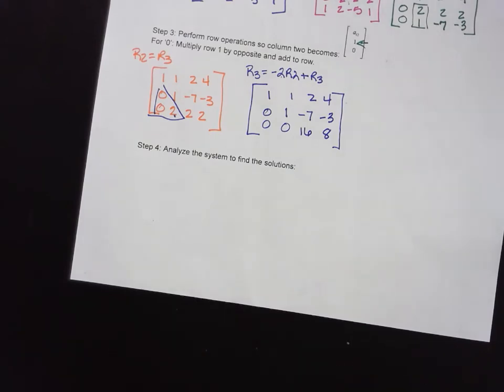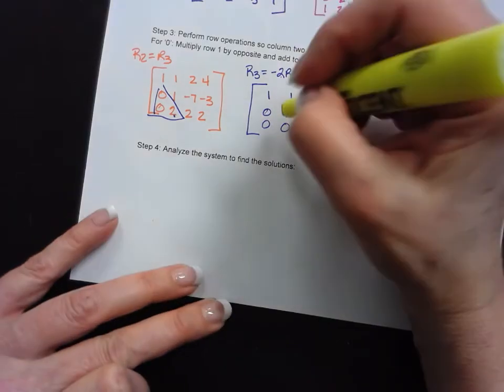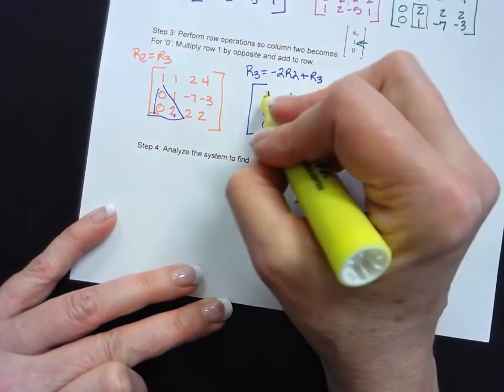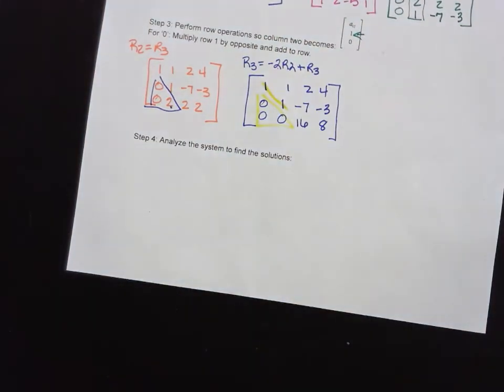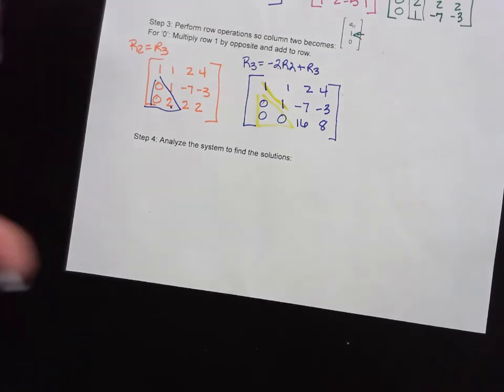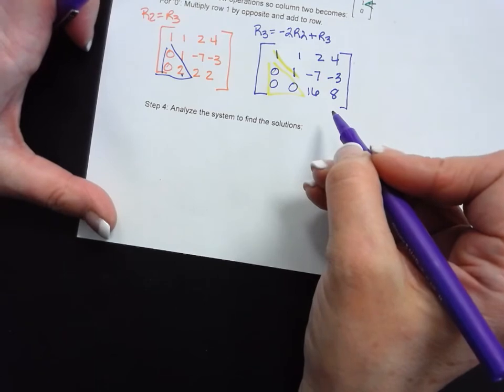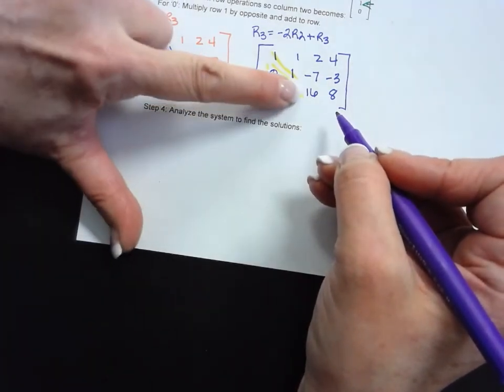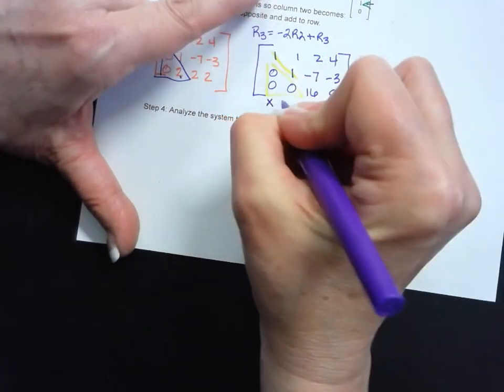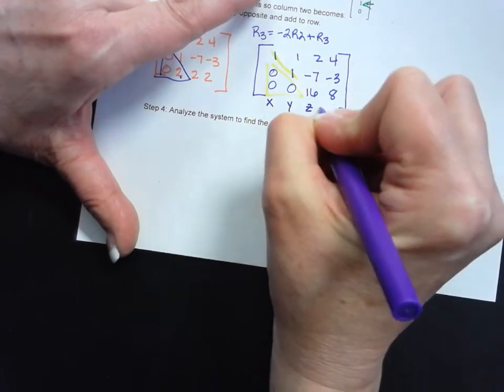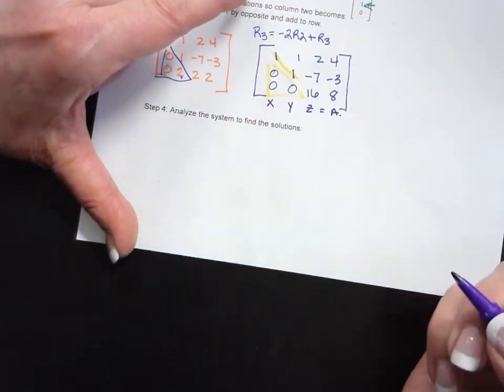All right, mission is accomplished. I got my 2 1s. I have my triangle of 0s. So now I'm going to rewrite it as a system of equations. Remember this is x, this is y, that's z, and that's my answer.